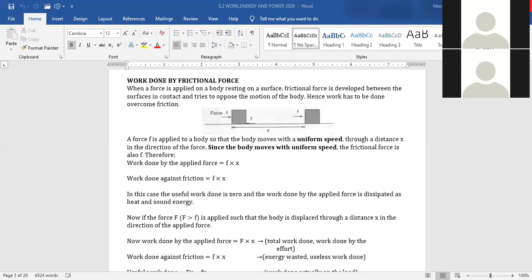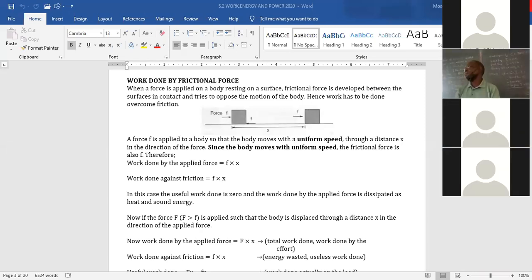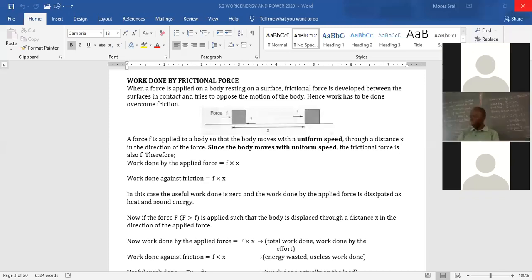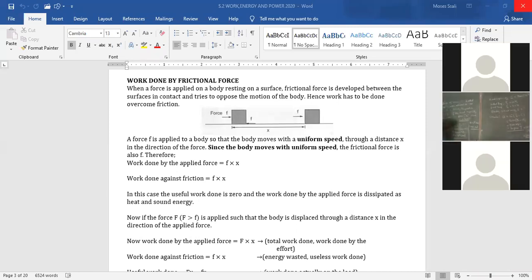Friction is the force that opposes relative motion between two surfaces that are in contact. Who can correct that word? In contact. Thank you so much. Two surfaces that are in contact.